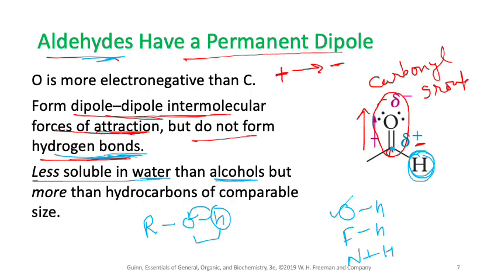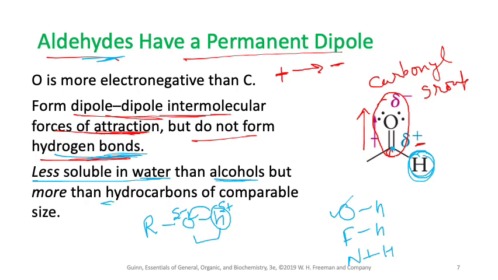The second thing, alcohol can also form dipole interactions. Why? Oxygen is negative and hydrogen is positive in alcohol, the same as the carbonyl group in aldehyde. So the only thing making a difference is the hydrogen bond. Alcohol makes an extra bond. That's why alcohol is more soluble in water compared to an aldehyde.